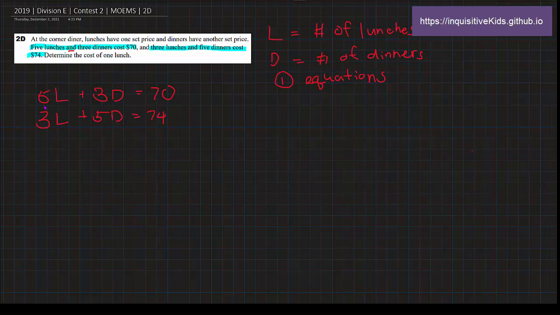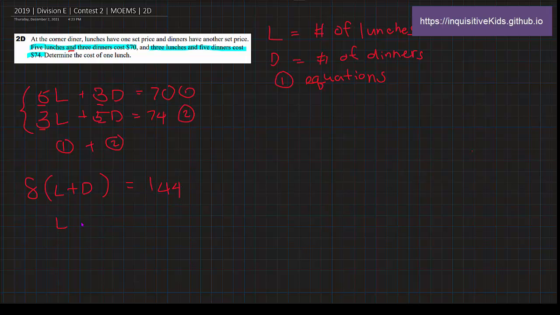Well, we first see that the number 5 and the number 3 appear 2 times. So what I'm going to do is add them. I'm going to add equation 1 with equation number 2. If I add these, I get 8 times the sum of L plus D is equal to 70 plus 74, which is 144.